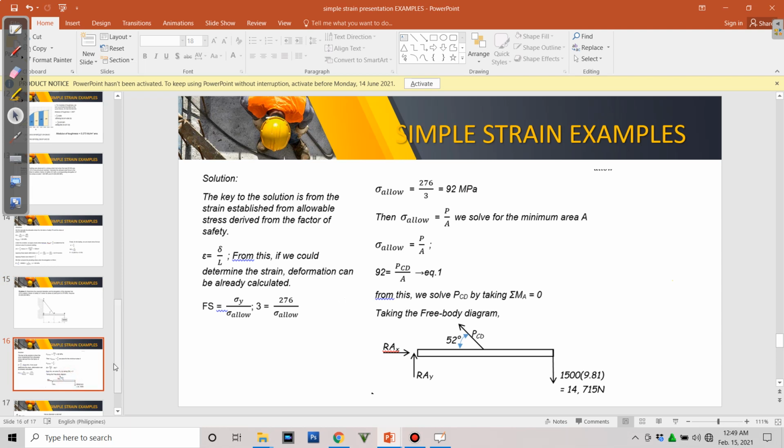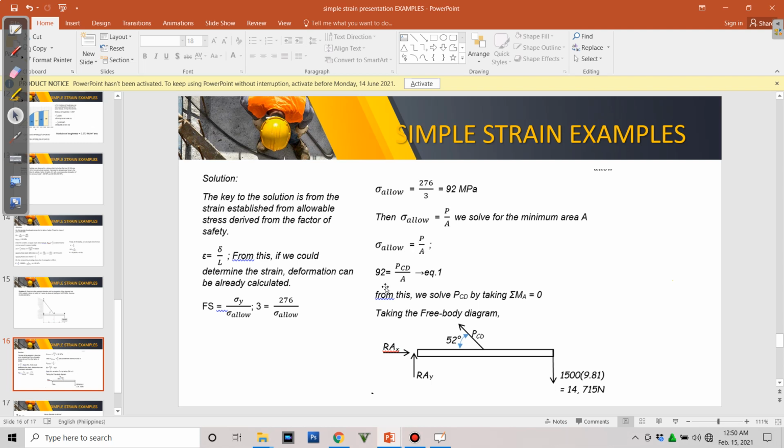So as a solution, just the same, we are going to derive our allowable sigma out of the factor of safety. Here it is. So we substitute the 3 given and then the yield stress 276, and then we can get the sigma allowable, and from this we can get the area.